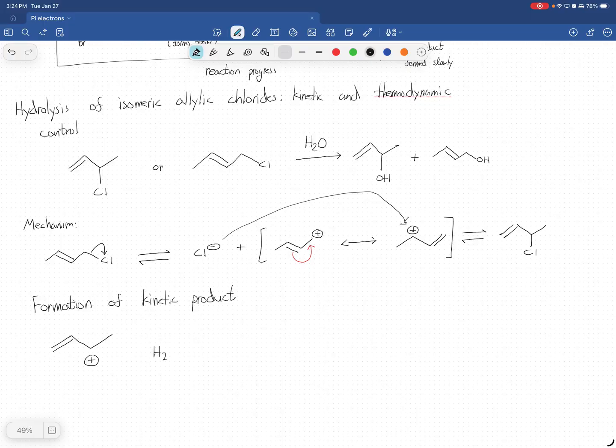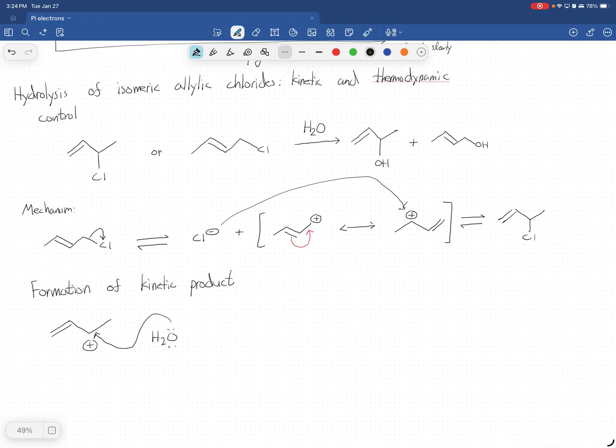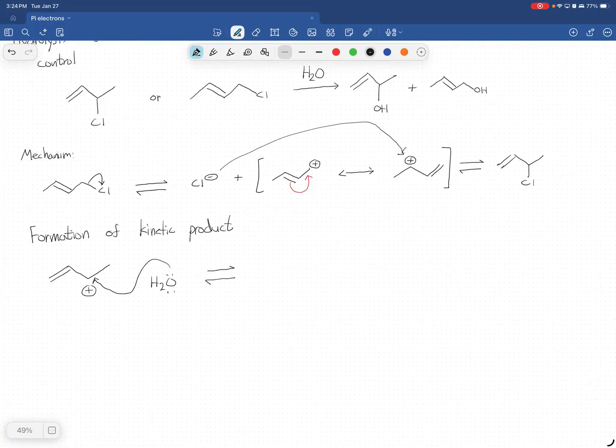Water can float around and attack at this position. Okay, now we get the intermediate, a protonated alcohol. So here, this is the more stable intermediate.